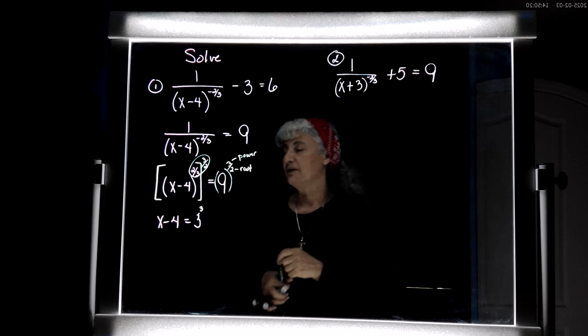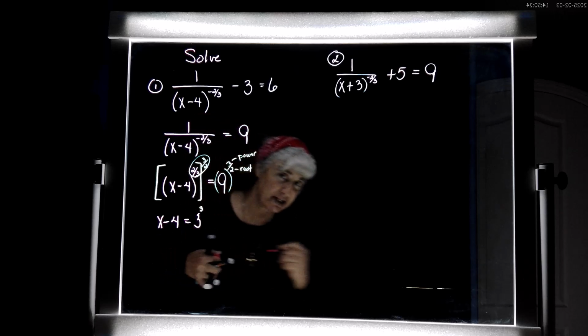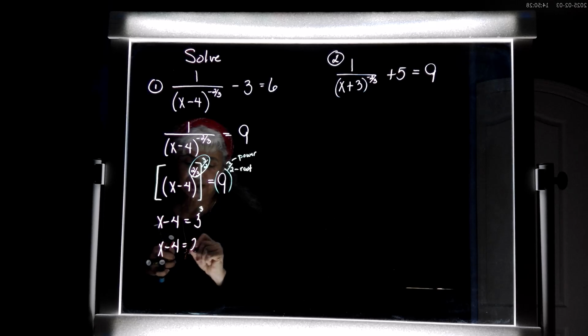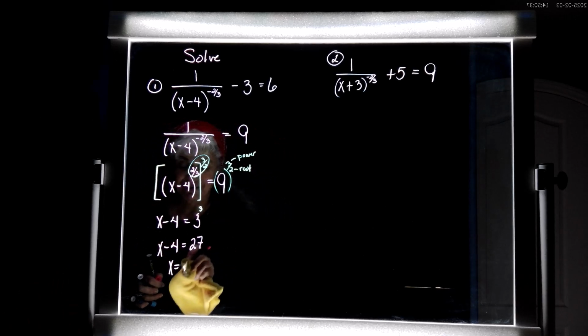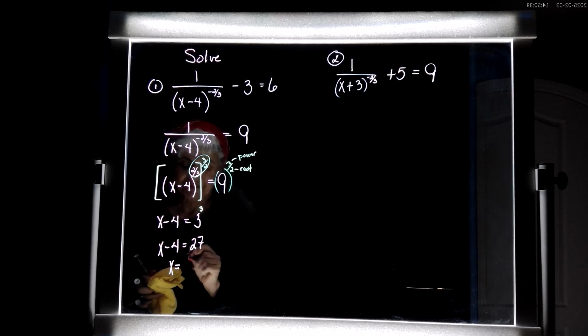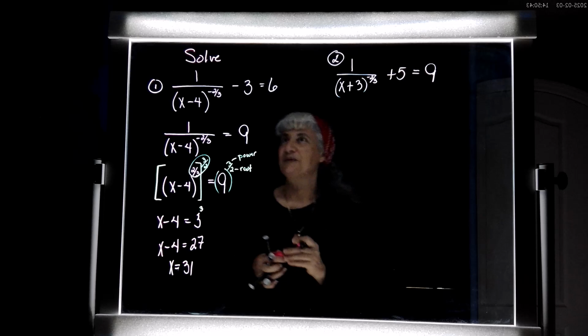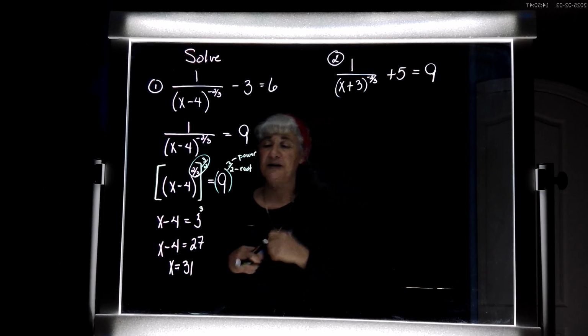Good? Okay, so what's 3 to the third? Good, 27. You did it without a calculator, right? Okay, so x minus 4 equals 27. And you know as well as I do, you have to add 4 to the other side, and that's exactly what I was writing for because I said 4, 31. Agreed?